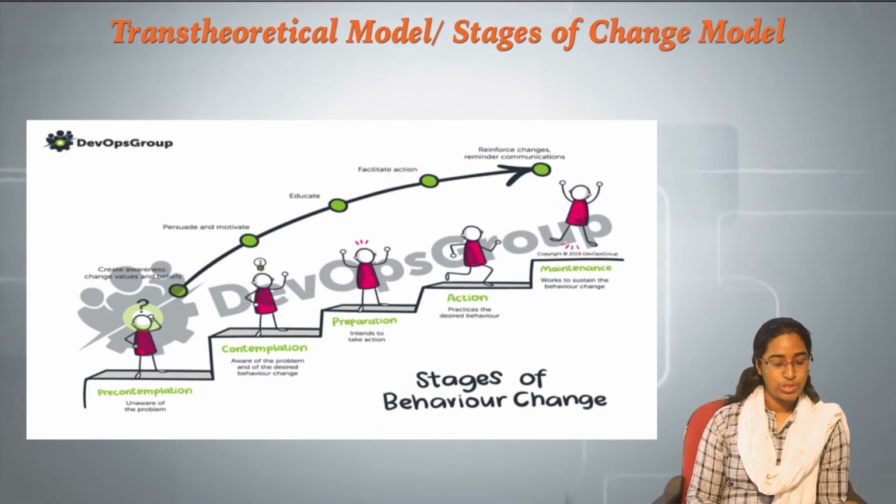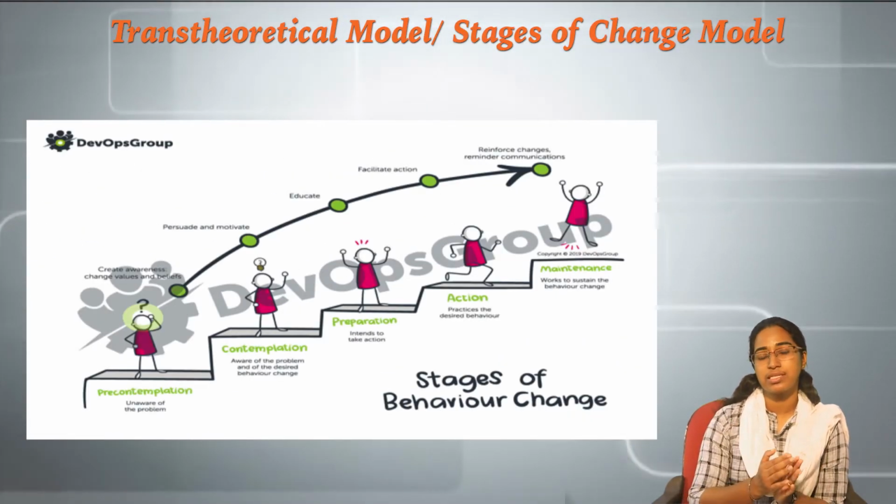So, it is trying to explain that people move through different stages, that is the pre-contemplation stage, where people are not ready to change at all, but then later they are thinking of change, that is contemplation.